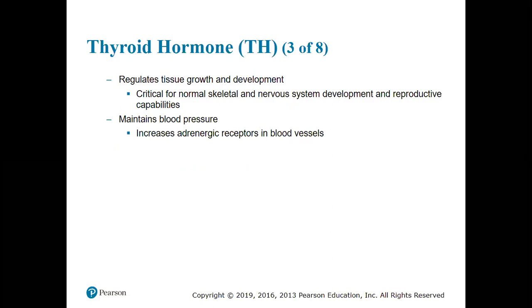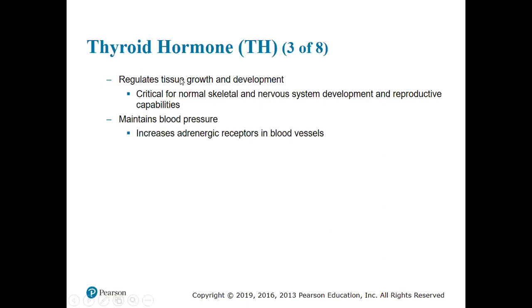Other things that TH, thyroid hormone, can do is regulate tissue growth and development. Not like GH, similar, but not quite. Critical for normal skeletal and nervous systems development. Now that's involving nervous systems and reproductive capabilities. Thyroid hormone is very important for blood pressure.